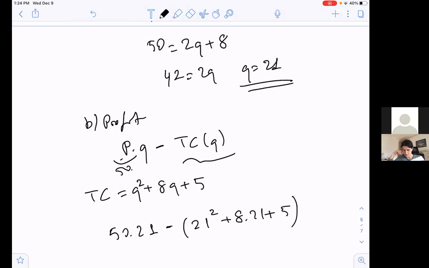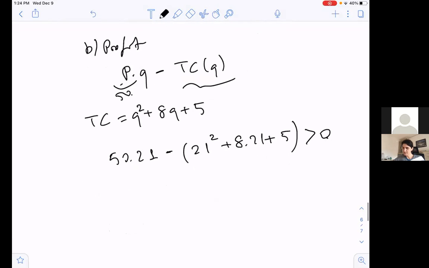Then it's gonna make a profit. This is bigger than 0.